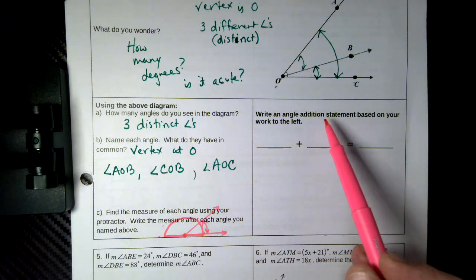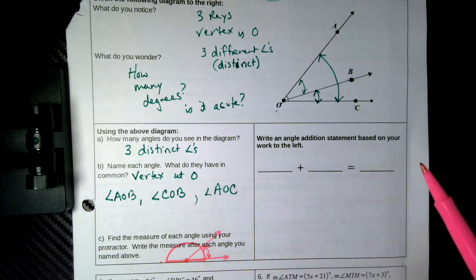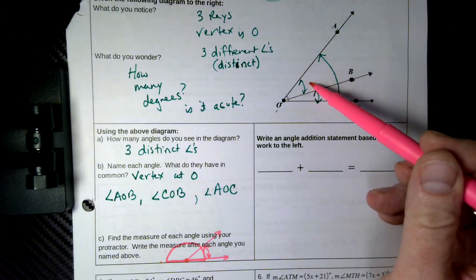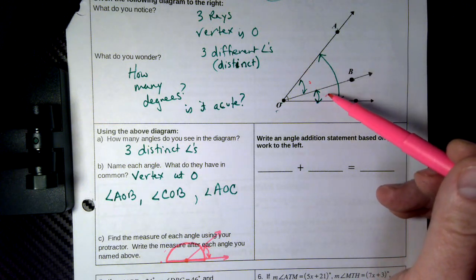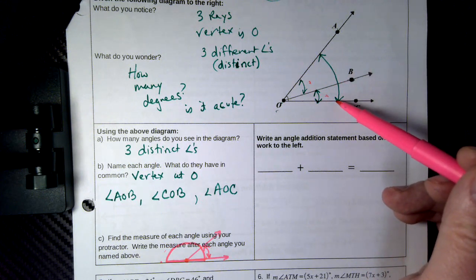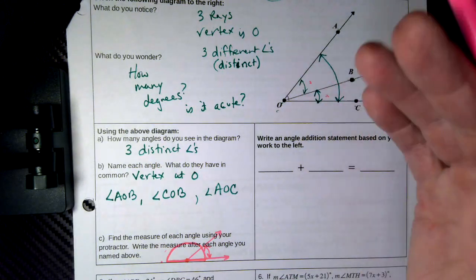Write an angle addition statement based on your work to the left. So an angle addition, the same thing like what we did with the segments, but this smaller angle plus this smaller angle, if you put the degrees of this one plus the degrees of that one, it would add up to the degrees of the whole thing. So if we use a protractor and we measured them out, I don't know what the degrees are.